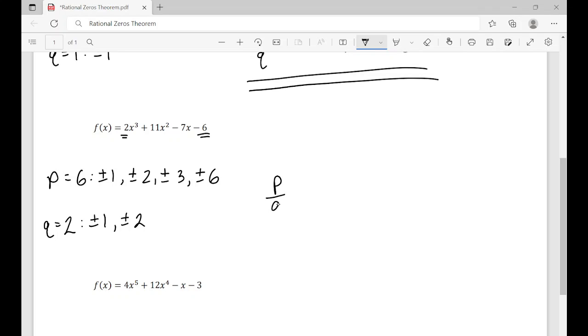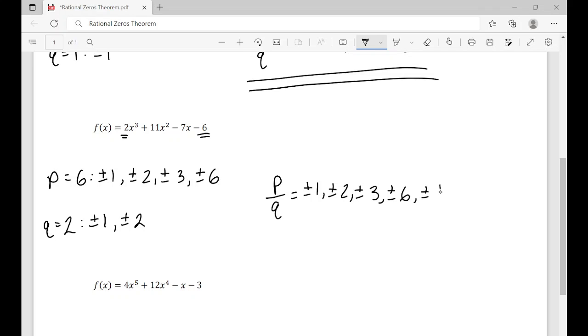So let's take our possible zeros for p and q. And we're going to start off by writing all the factors of p. So plus minus 1, plus minus 2, plus minus 3, plus minus 6. And we don't really worry about 1, because dividing by 1 just keeps it. But when we do 2, we're going to get some different ones. So when we divide 1 by 2, we're going to get a half.